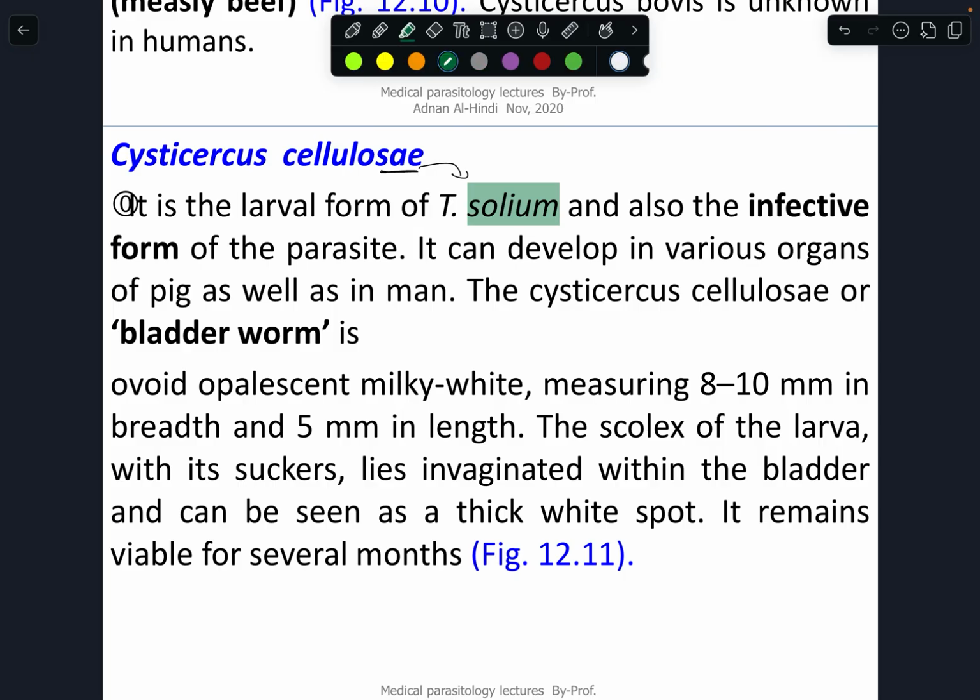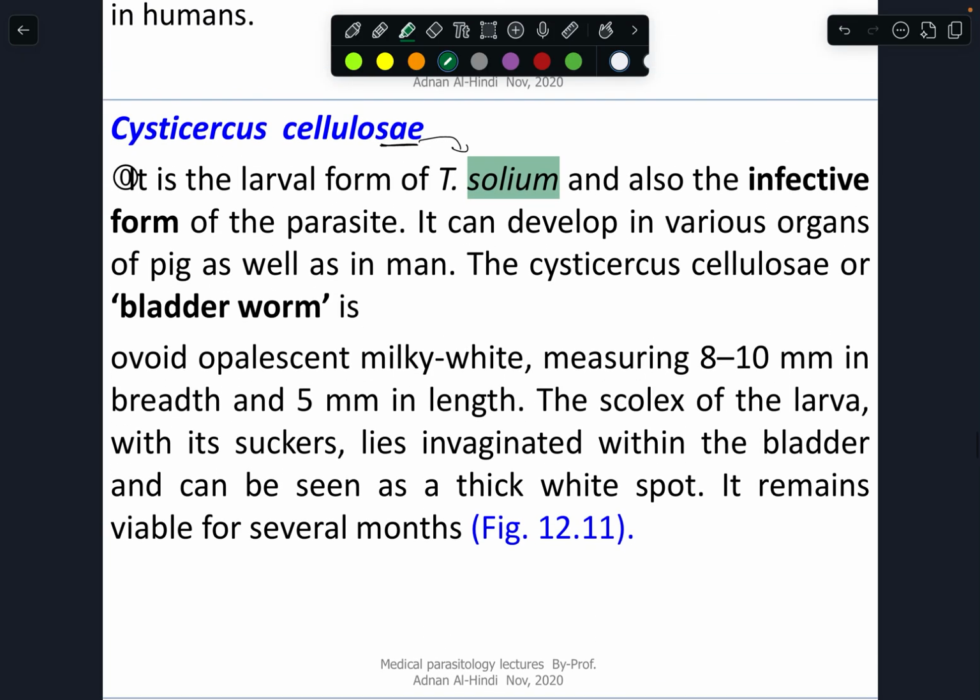It is the larval form of Taenia solium and also the infective form of the parasite. It can develop in various organs of pig as well as in man.